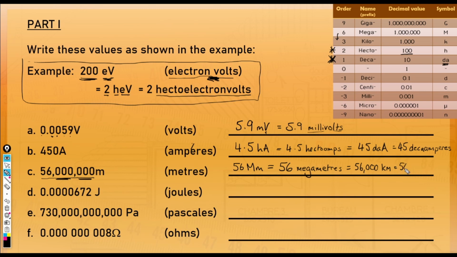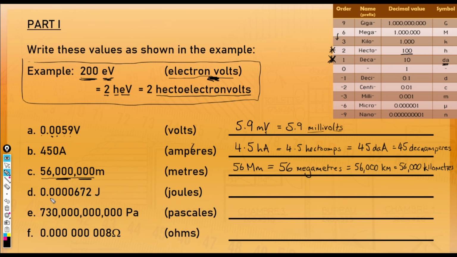So 56,000 kilometers is 56 megameters. And there you can see very clearly that 56 megameters seems like a fairly normal number, but 56,000 kilometers seems like a much larger number when we look at it with our everyday viewpoint.